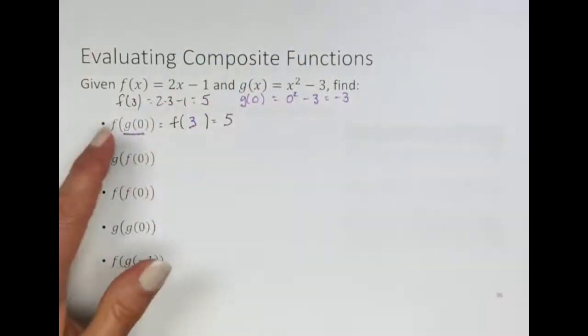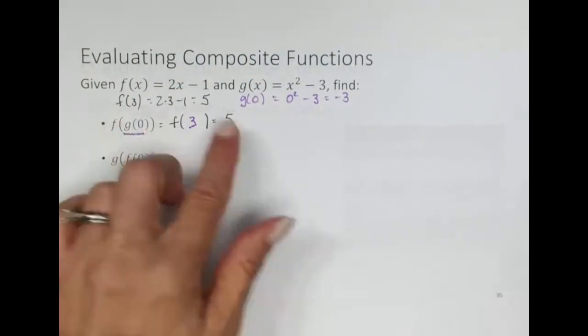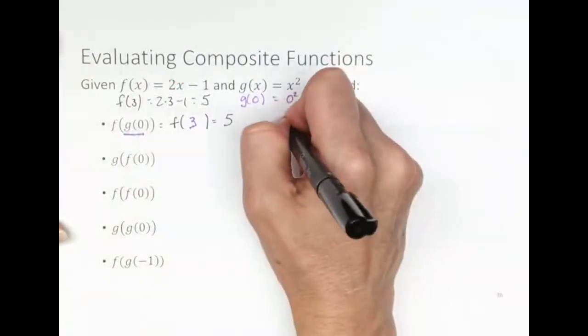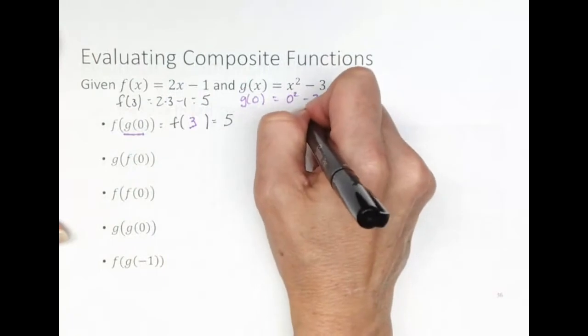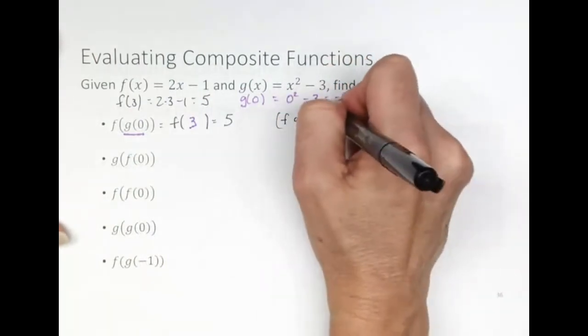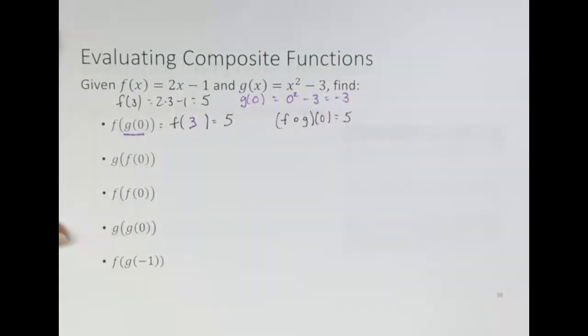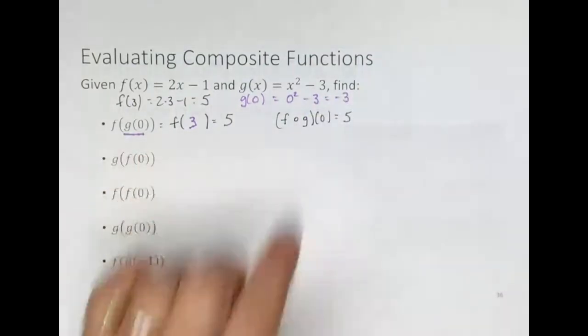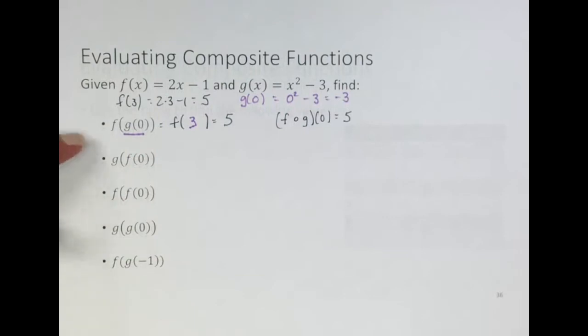All right, so f of g of 0 is equal to negative 7. I might also say f composed with g at 0 equals negative 7. Okay? These two statements say the same thing, just using different symbols.